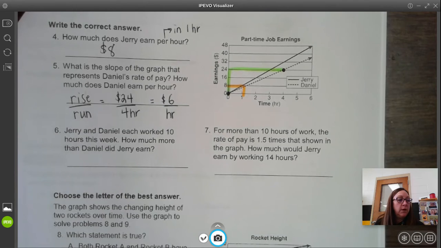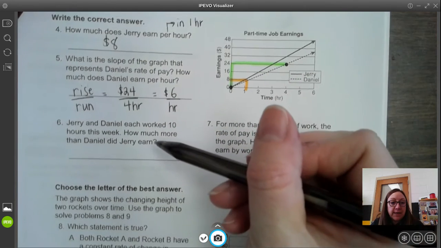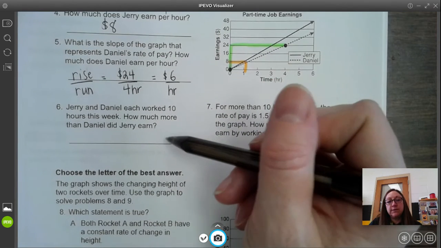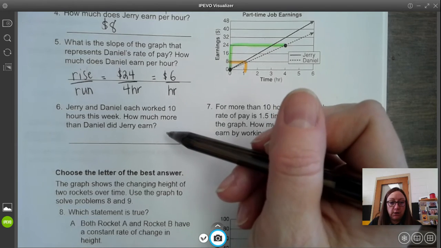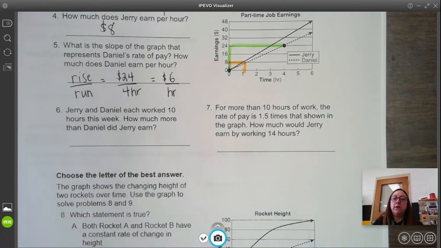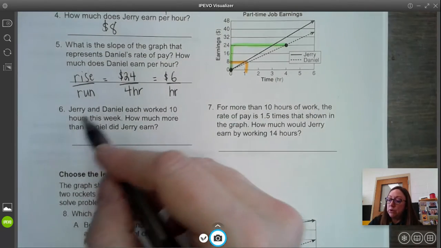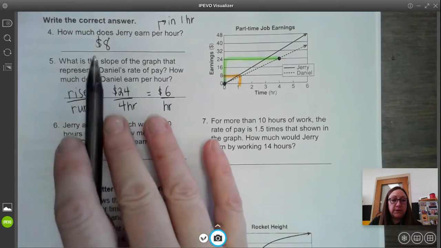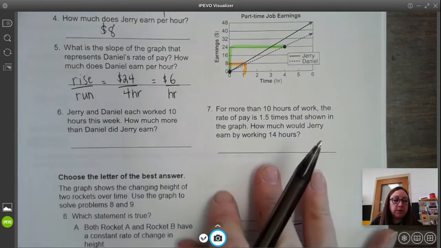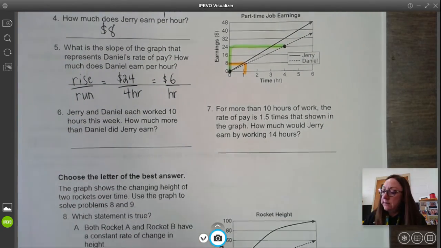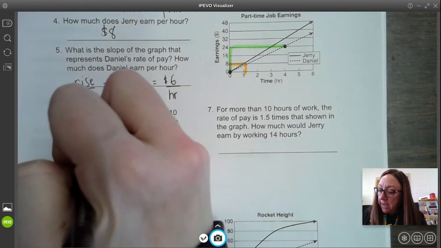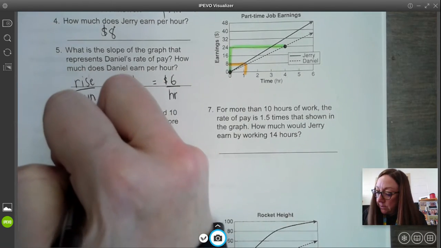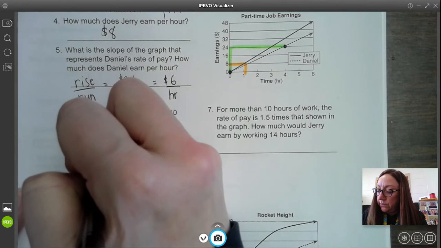Okay, the next one says Jerry and Daniel each worked 10 hours this week. How much more than Daniel did Jerry earn? Okay, so we need to go back to these to figure out how much they earn per hour. So if they each worked for 10 hours, Jerry makes $8 an hour, and he worked for 10 hours.